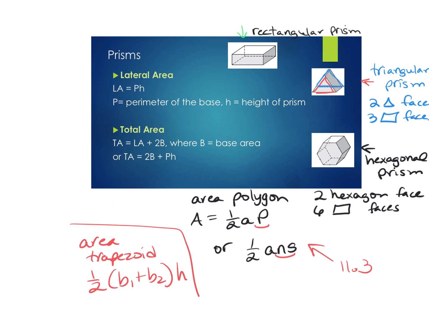Now, the formula here for lateral area, and again, I'm referring to it as LA, is going to be the perimeter of the base times the height of the prism. For total area, it'll be that lateral area plus 2 times the base area, because again, you're going to have a top and a bottom, which is your base.